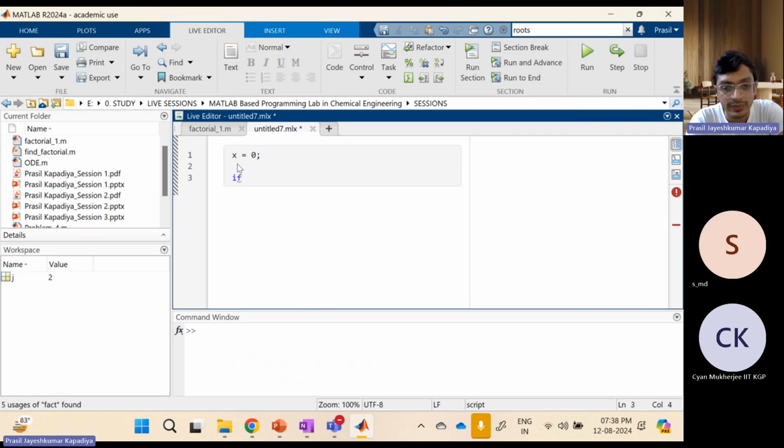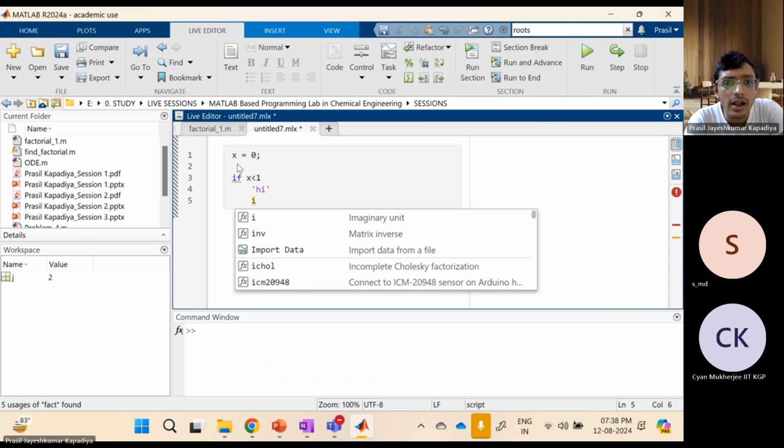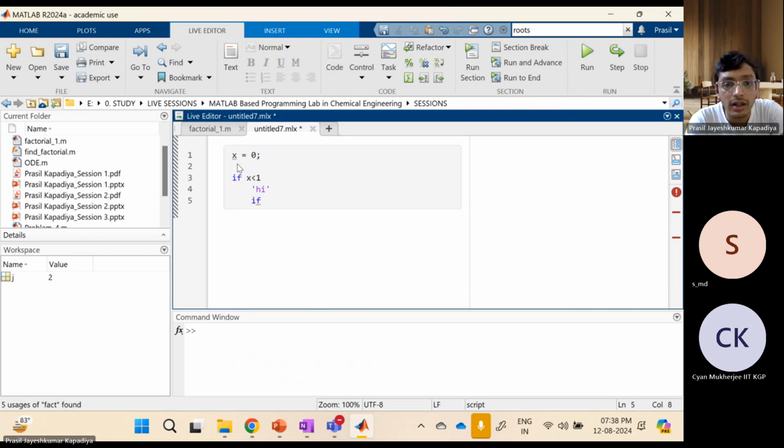Let's say I'm writing if x is greater than 1, if x is less than 1, if x is equal to 0, else break. Okay, this is my one loop.